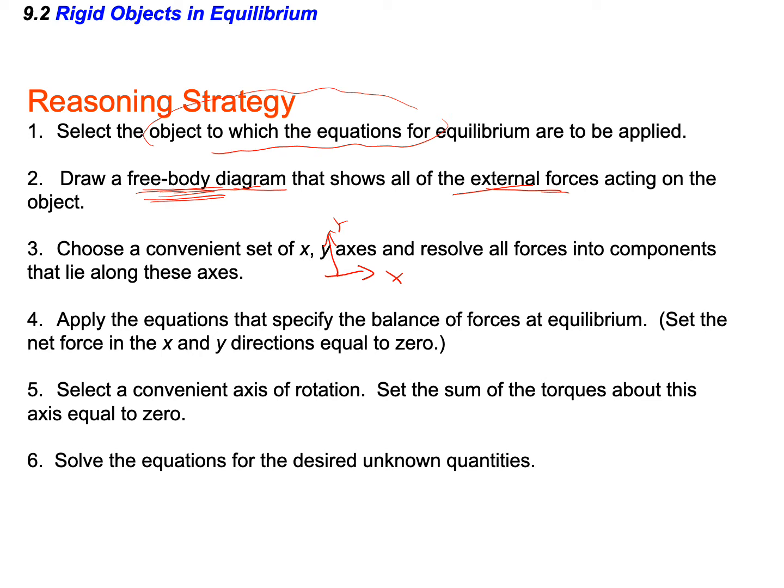Then apply net force along the X direction and net force along the Y direction. If there is a rotational effect, then you have to draw the torque. Then apply equations that balance the forces. If it is equilibrium, then net force along X is 0, net force along Y is 0, and net torque is 0. Then select a convenient axis of rotation if it is a rotation. In the next example, I will show you what convenient axis of rotation means, and then solve the equations.